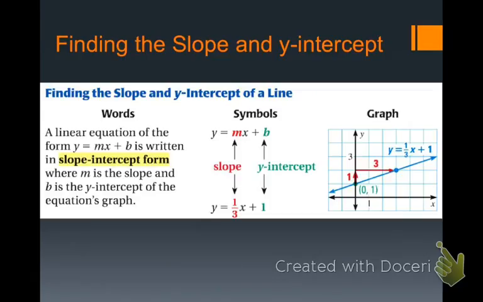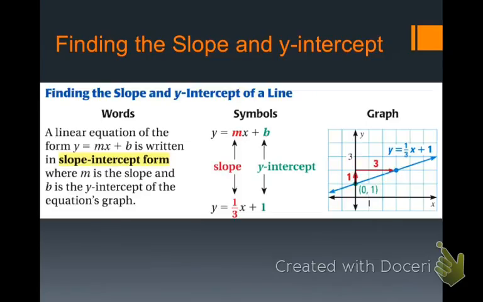Finding the slope and the y-intercept is the first thing we need to be able to do. So, given an equation y equals mx plus b, as long as it's in slope-intercept form, we know that the m has to be the coefficient of the x, and the b has to be the constant.